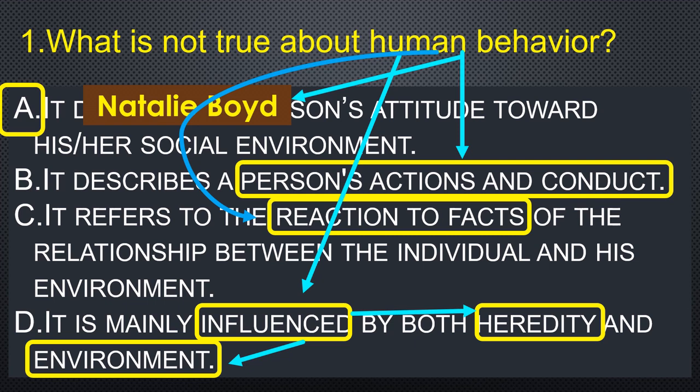But of course, more believe, just like me, I believe that a behavior of a person is basically attributed from his parents or from his genes and from his or her physical environment.